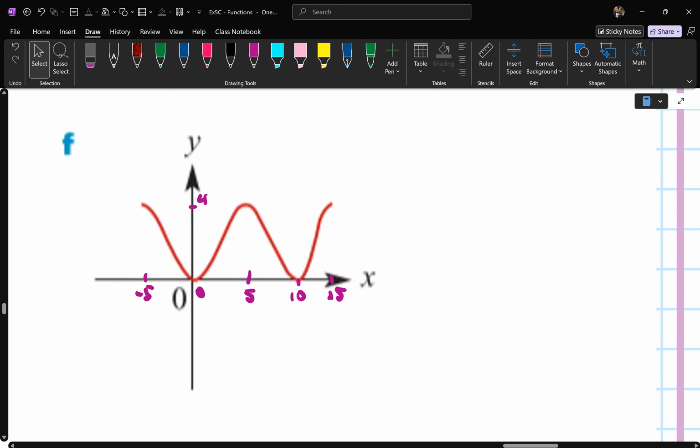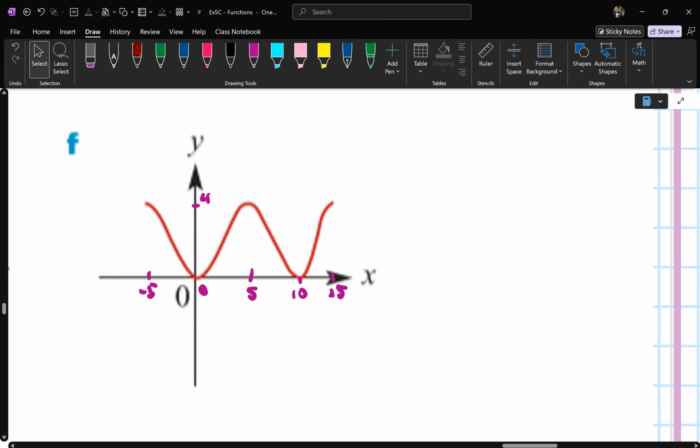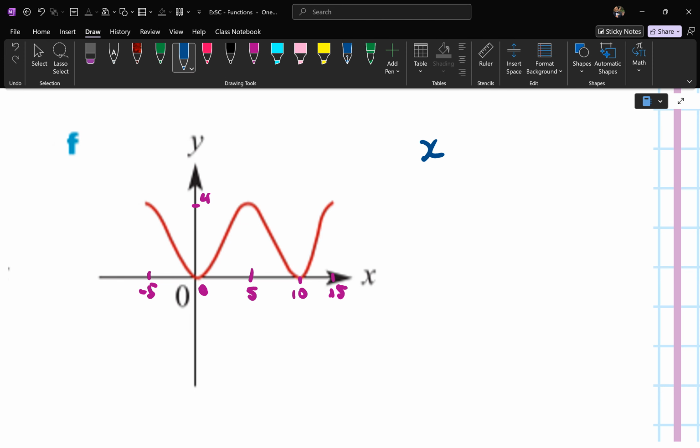All right, let's start with this one. I put in some random numbers here. Domain and range. What's my domain? It's R. You guys see that?